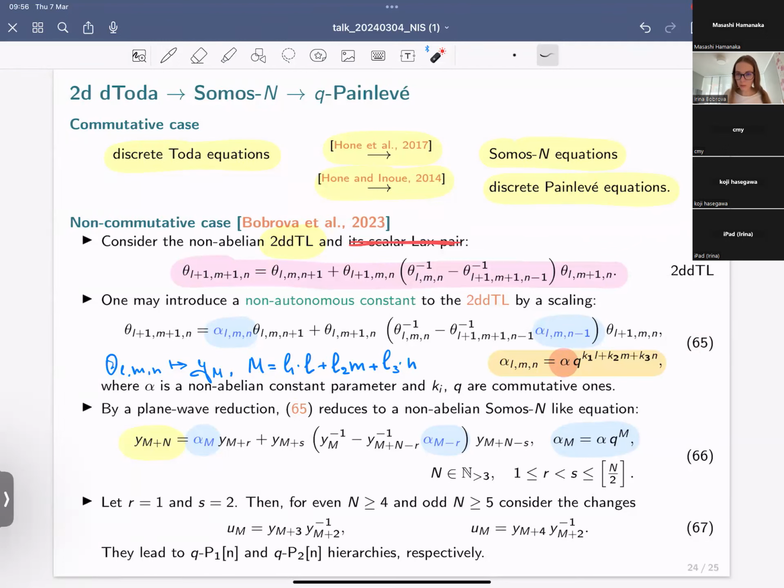So we obtain this formula 65. Then we take a plane wave reduction in order to reduce it to the ordinary difference equation. As a result, we obtain formula 66, that is a non-abelian version of the Thomson equation.